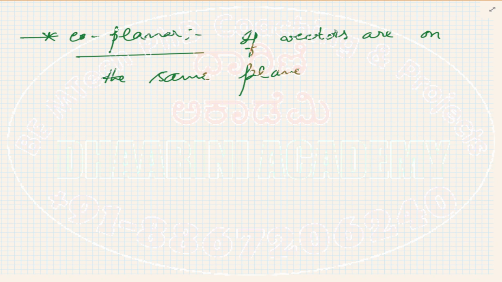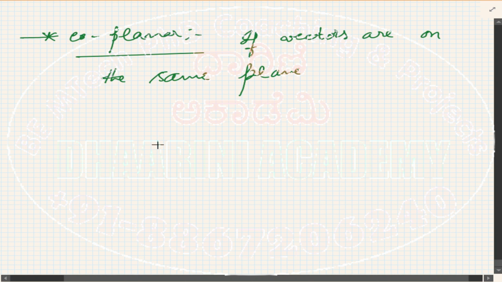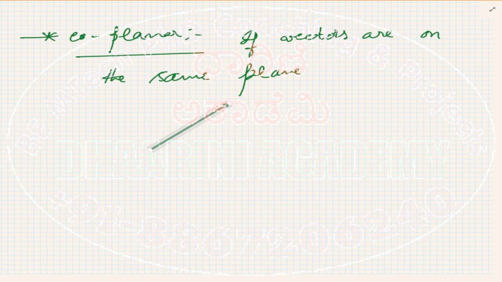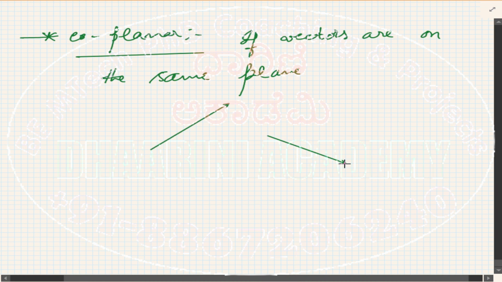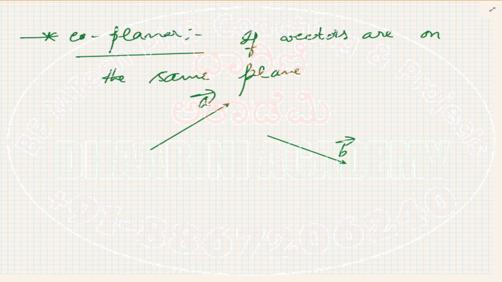Whatever vectors we draw, they are coplanar, because we cannot draw some vectors which are not on the same plane. So this is say vector A, this is vector B. Both vectors are present on the same plane of this paper, or same plane of this whiteboard. That's why they are said to be on the same plane.